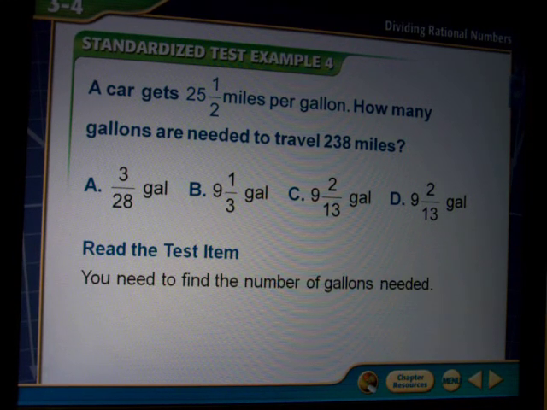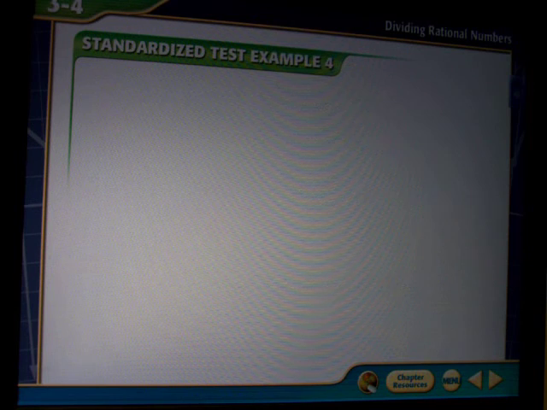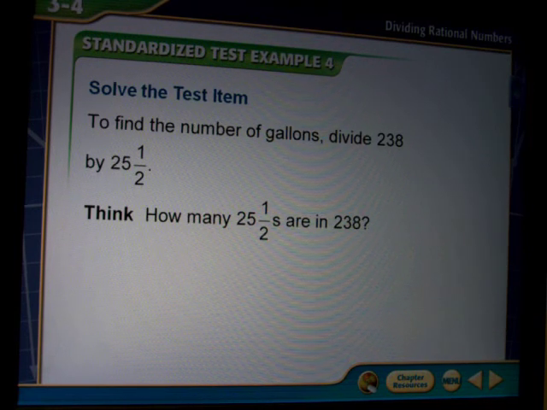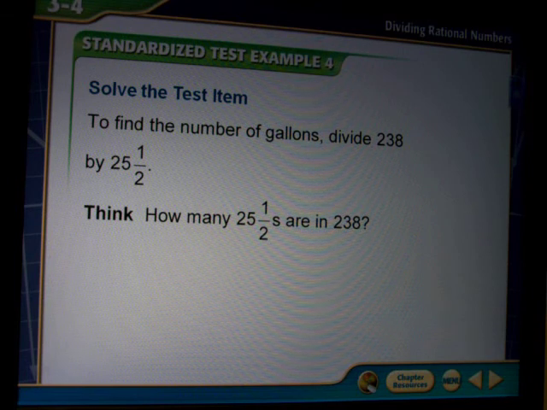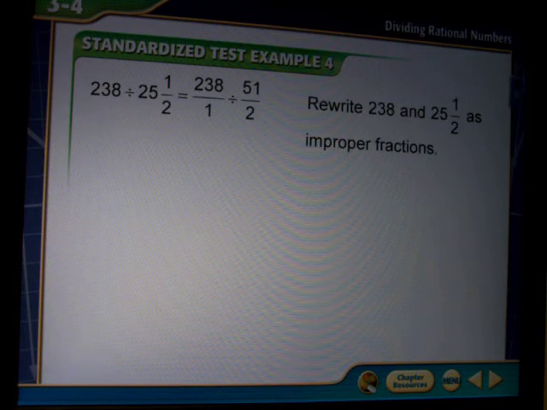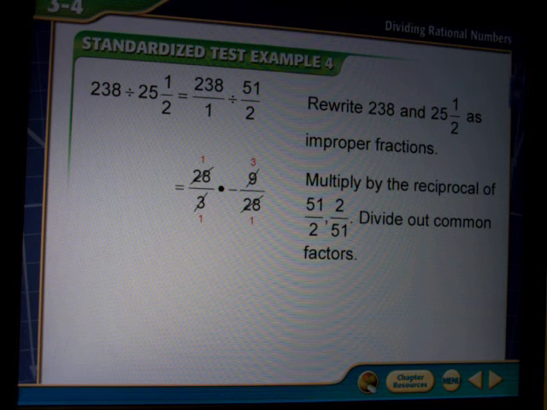So what we need to find is the number of gallons needed. To do that, we're going to divide 238 by 25 1/2. What we're thinking is how many 25 1/2s are in 238. So we're going to rewrite 238 as an improper fraction and write 25 1/2 as an improper fraction. I'm going to simplify where I can.